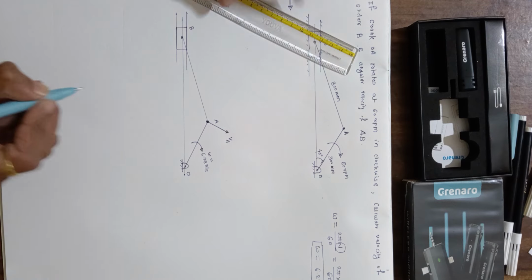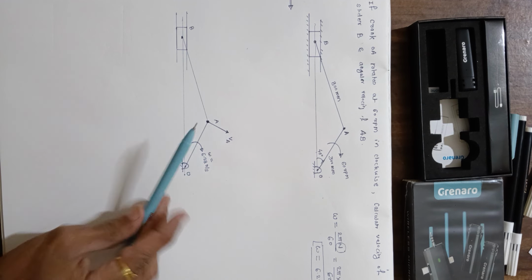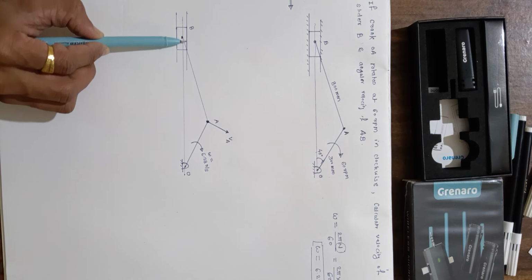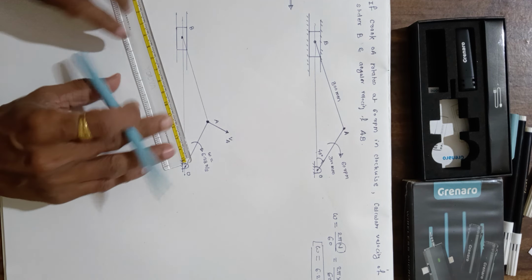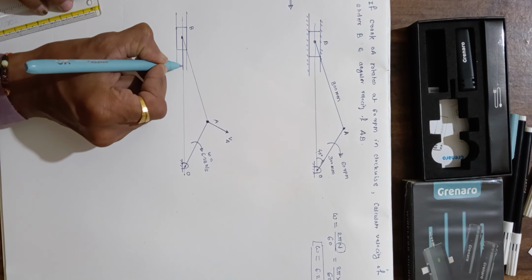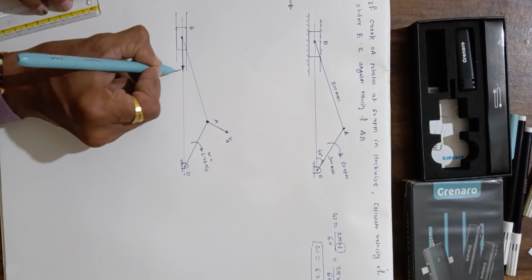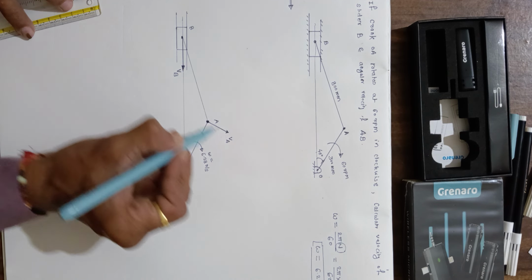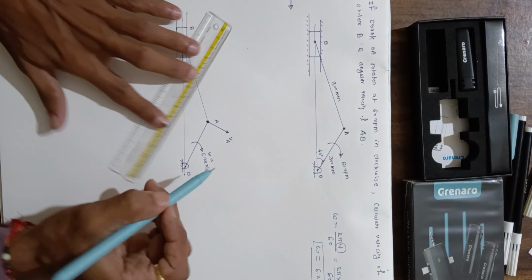So this is VA. As this crank rotates in the clockwise direction, the slider will move to the right side. So draw the velocity vector of the point B on the right side. So this is VB. Now draw the perpendicular to VA and VB.